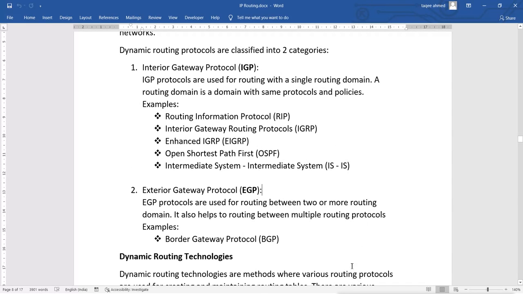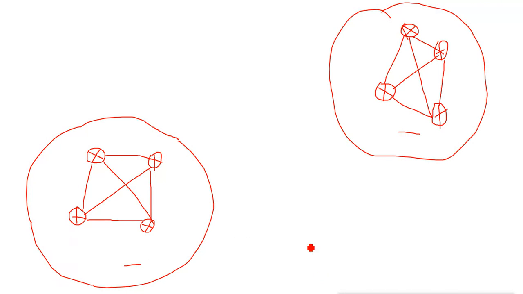You see here we have one domain, this is our first domain, and this is our second domain. Now in case we want to communicate between these two domains, they are different domains using their own interior protocols. Maybe they are using EIGRP or RIP, and maybe these others are using IGRP or OSPF.